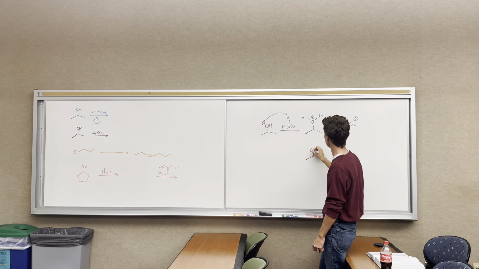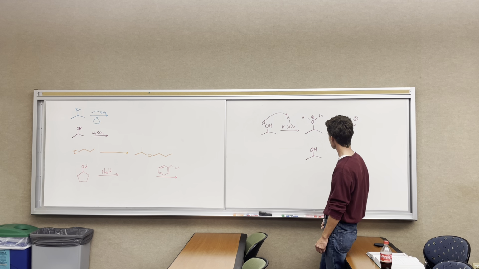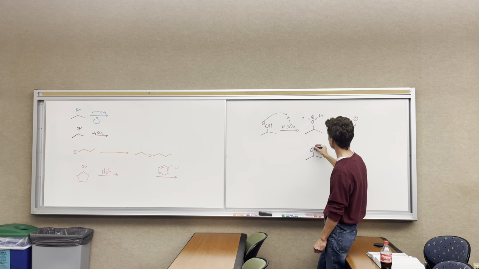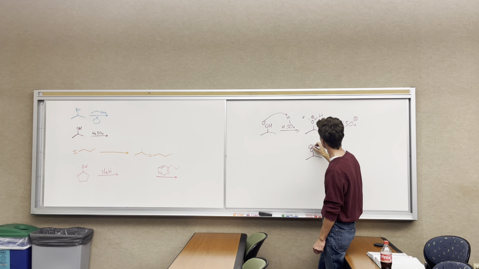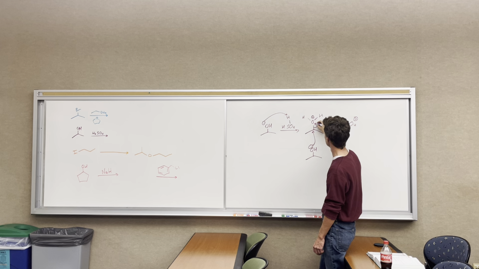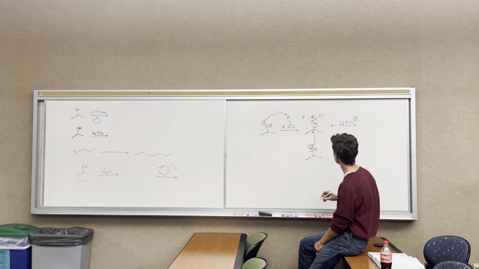I have another one of these 2-propyl alcohols, 2-propanol floating around in my solution here that it can interact with. I have a lone pair here, okay? Attack our carbon and make water leave, okay?